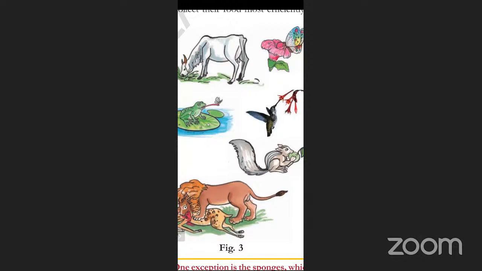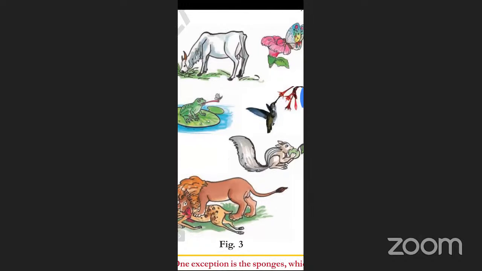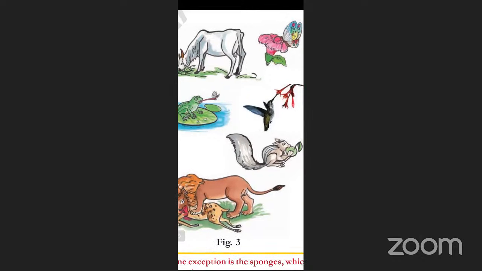Are the same 2 or 3 chapatis enough for the buffalo? The buffalo will eat chapatis and rice, but how much you are eating, if you connect to the animal, is it sufficient? No. In the same way, if you feed the same food to a butterfly or a bird, will it accept that much food? No, it will not accept.